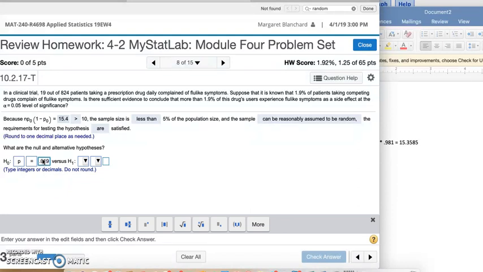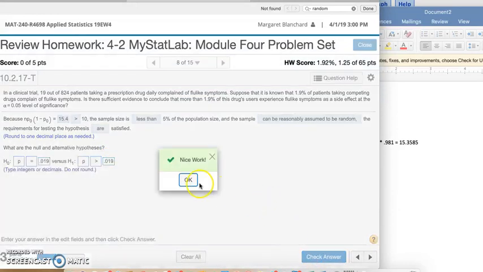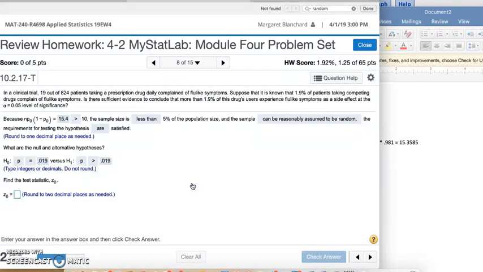It says, is there sufficient evidence to conclude that more than 1.9%? That's our tip right there. So we know we're looking at more than, so the proportion is greater than 0.019. Check answer. Nice work.